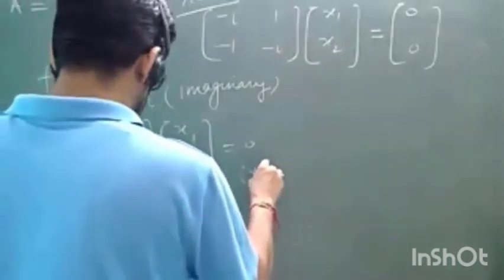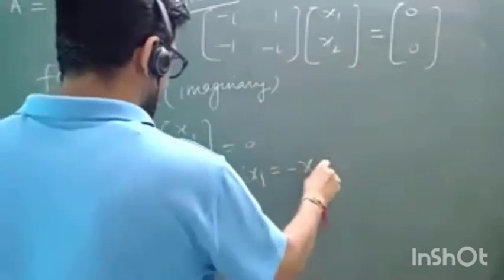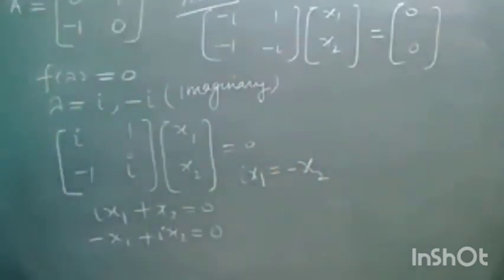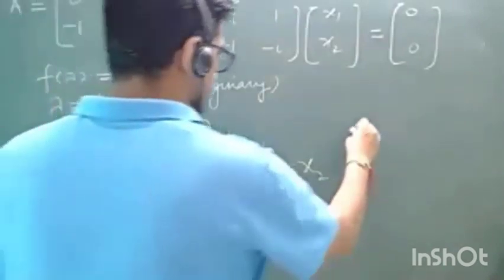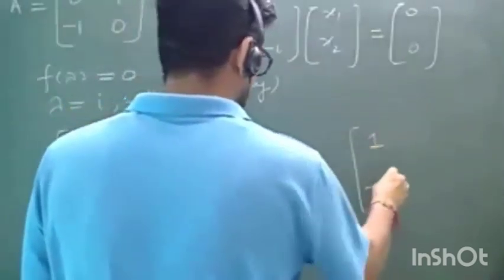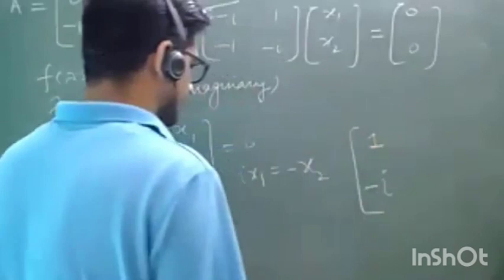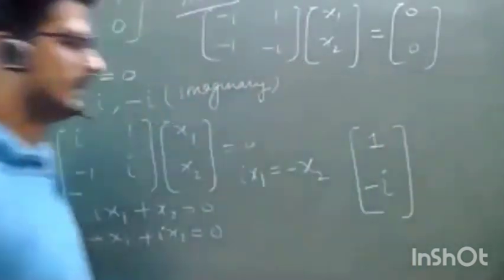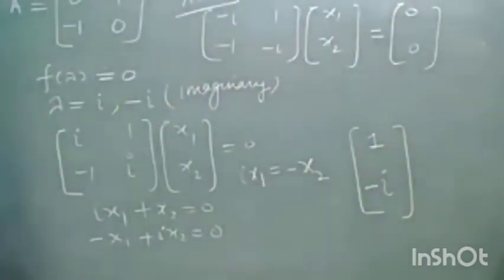Iota x1 is equal to minus x2. So if you write the equation in which x1 is 1, x2 will become minus iota. This will become the vector.